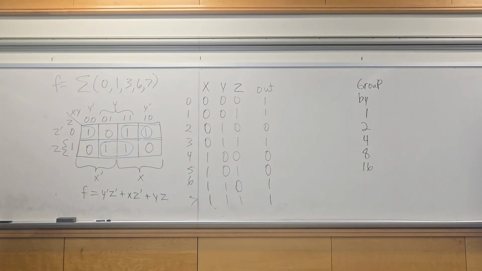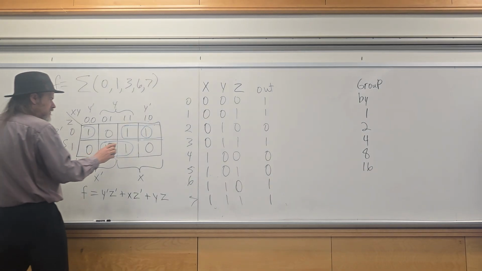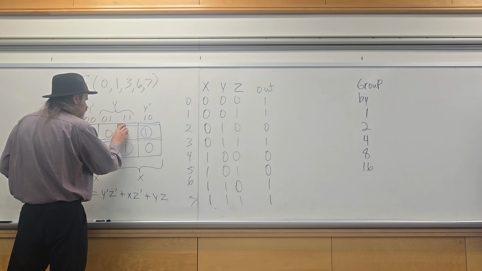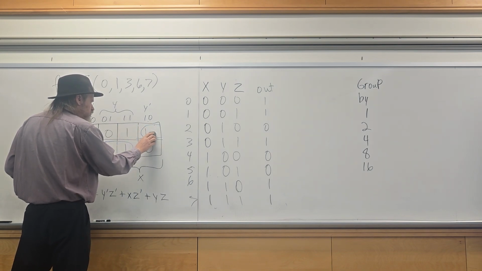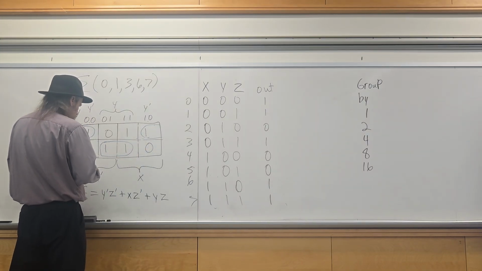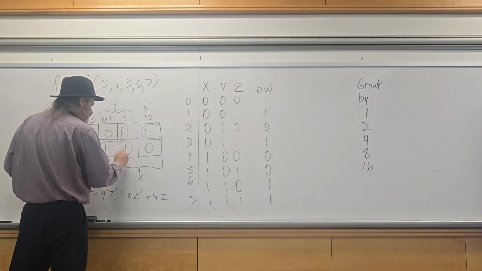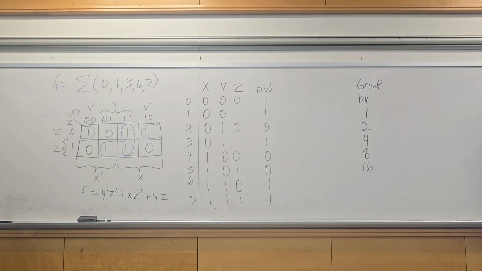You could have, not to say that this is a unique solution, you could have also done this group. And you still have all of them covered, and there's still 3 terms.